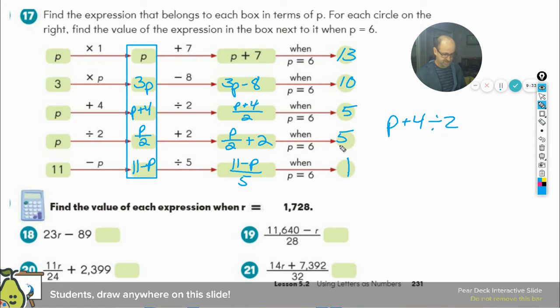For these guys on the bottom, use your calculator and find the value of each one when r equals 1,728, while I adjust the settings on my monitor. Okay.